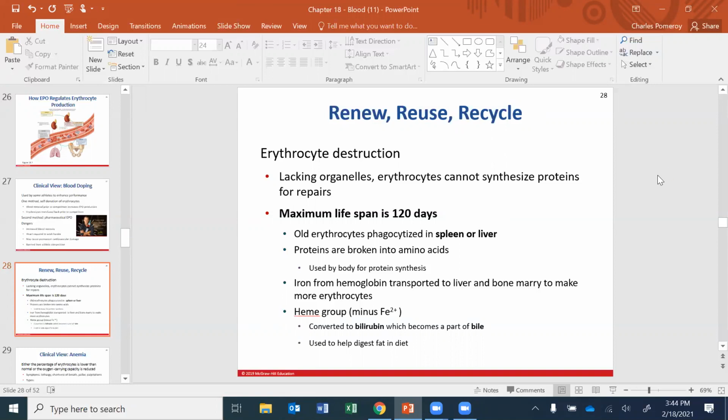Aging is just the accumulation of cellular damage over the course of time. For the human body, it may take 70, 80 years before that accumulation of damage gets to the point where it kills you. But you start to feel the effects when you're in your 30s and 40s.